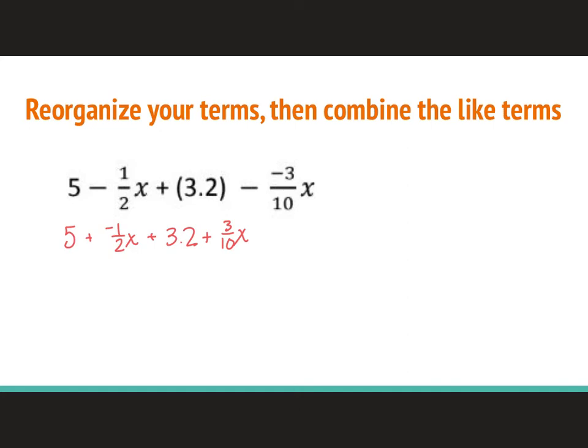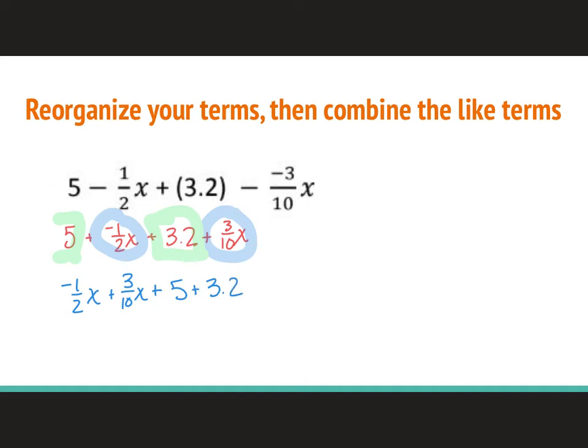Now I'm going to go through and find all my x's and all my constants, and reorder this problem so that I have the x's first. So negative a half x plus 3/10 x plus 5 plus 3.2.